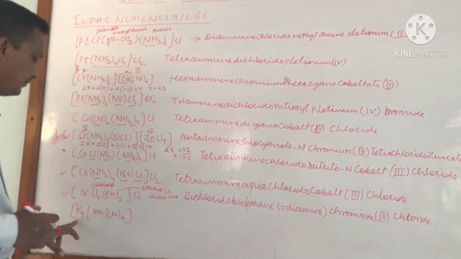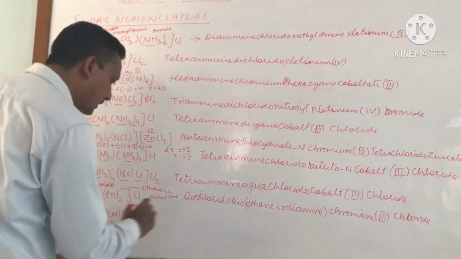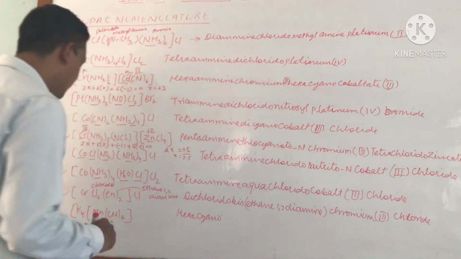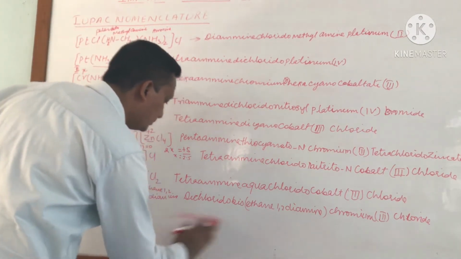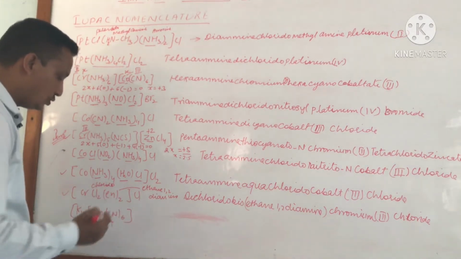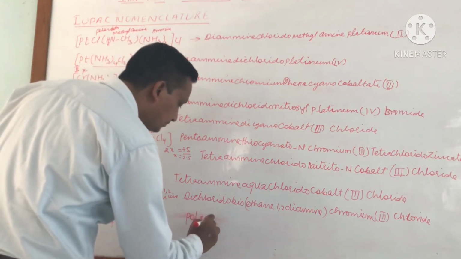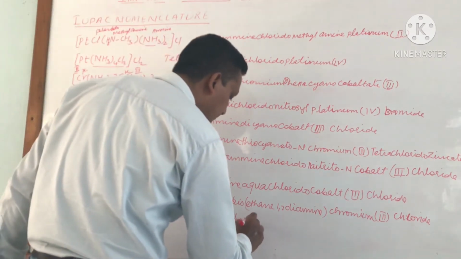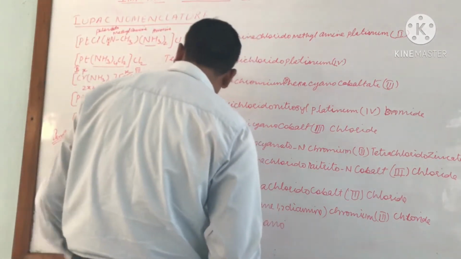The next complex we are taking is K4[Mn(CN)6]. So what would be the name? Cyano is the ligand, so we take hexacyano. First of all we take the name of potassium, then hexacyano, then Mn.